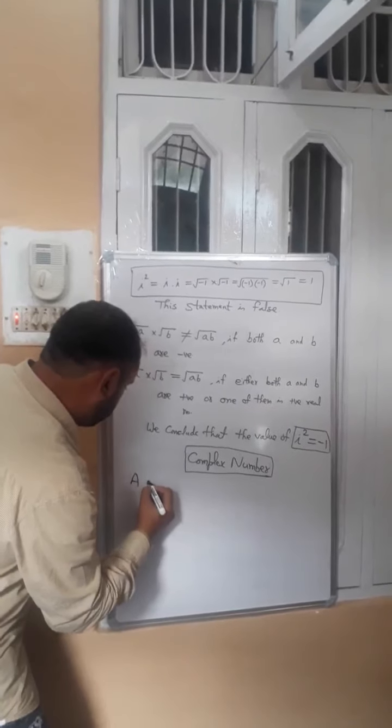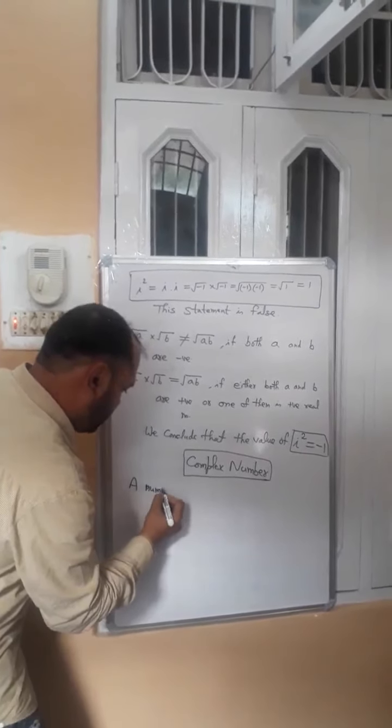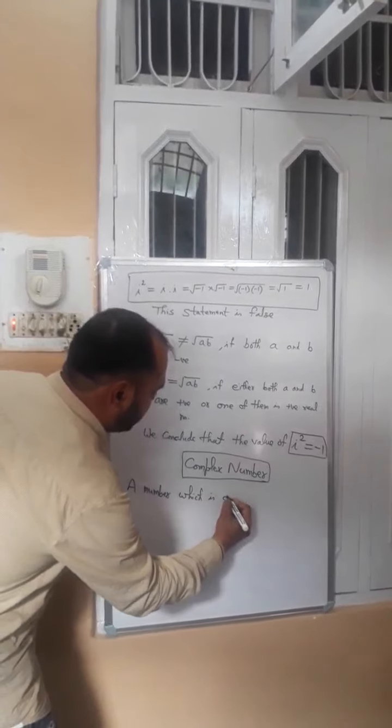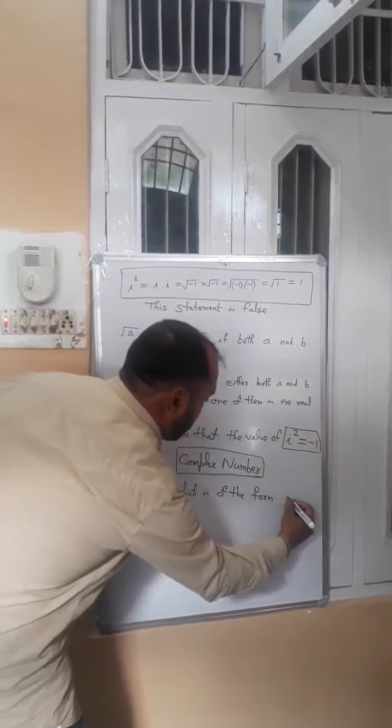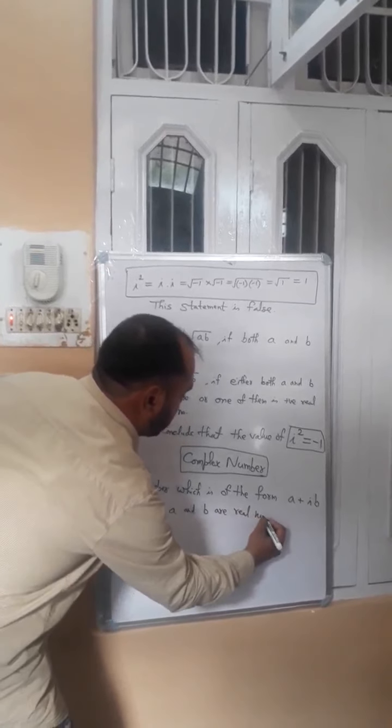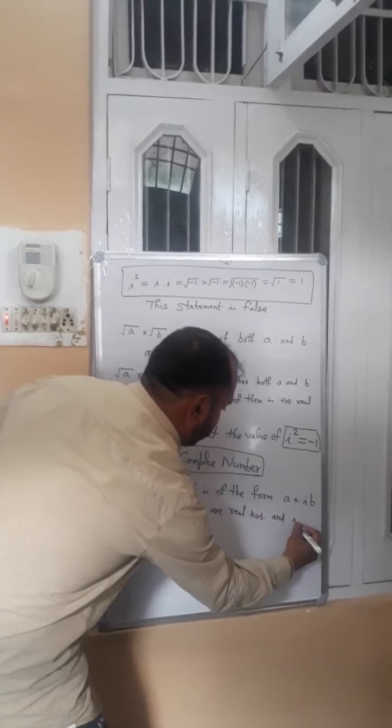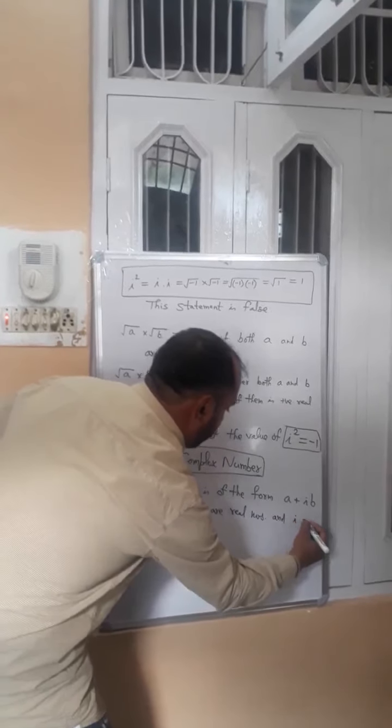A number which is of the form a plus iota b, where a and b are real numbers and i stands for iota, that is i is equal to square root of -1, is called a complex number.